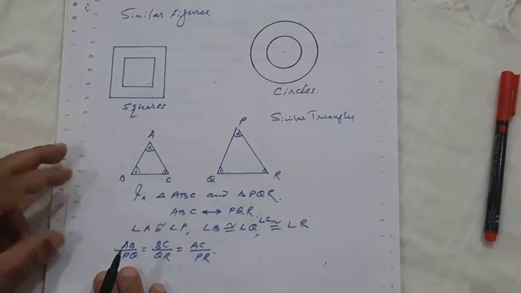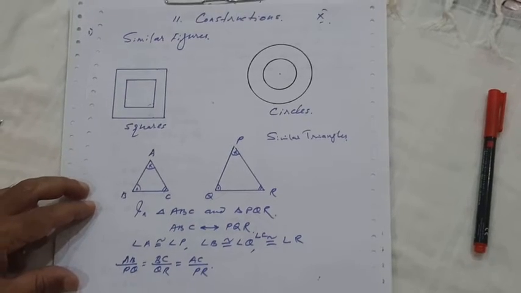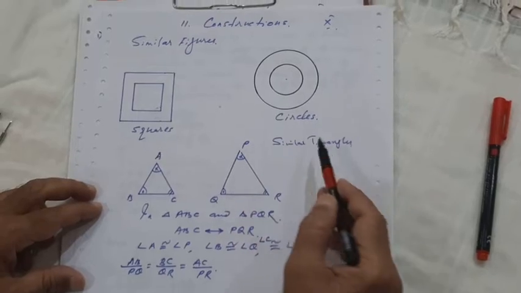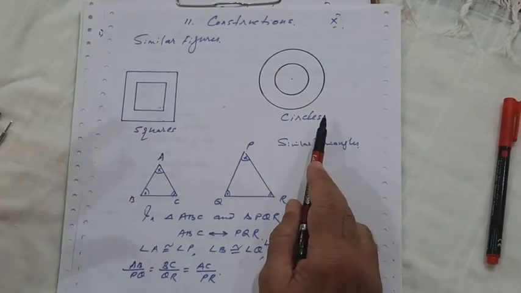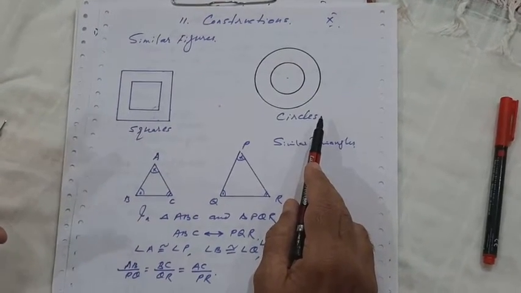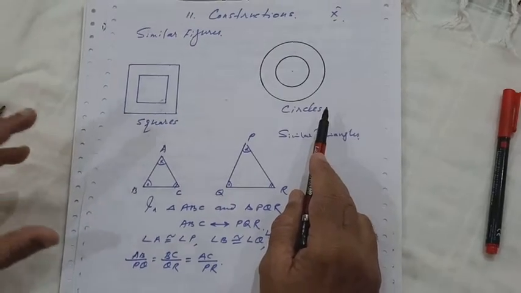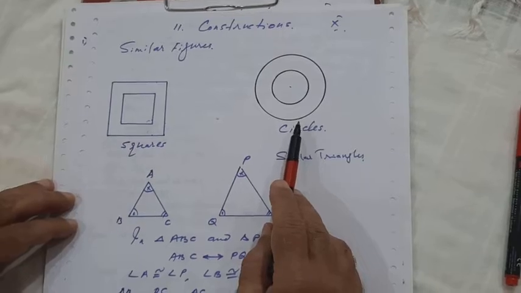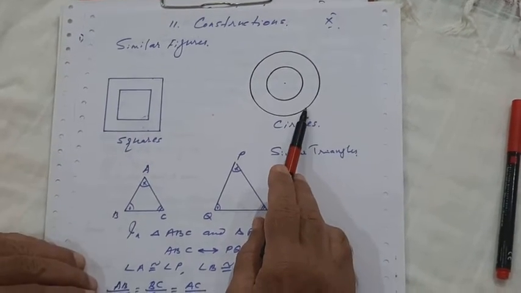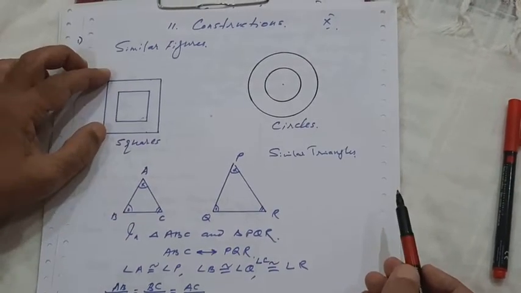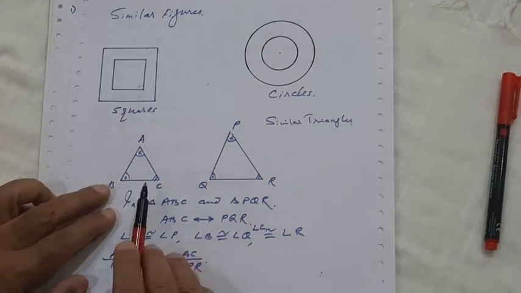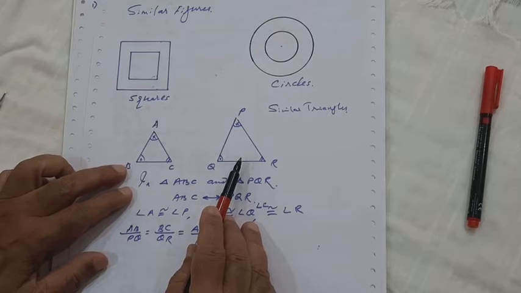Let me explain you the similar figures. So these circles are similar. Similar figures means looking alike, looking same. Size may not be same, but shape is same. So all the circles are similar to each other. All the squares are similar to each other. We have to concentrate on the property similarity of triangles.